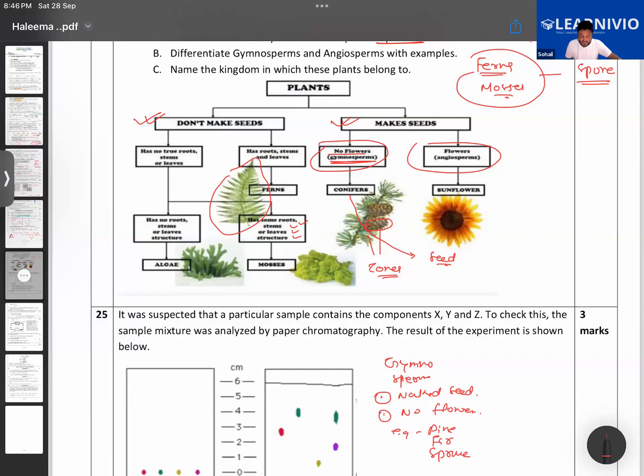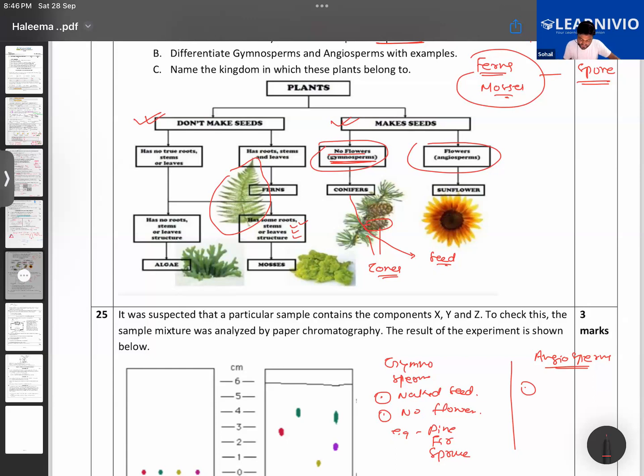Plus, when we talk about the angiosperms, the angiosperms are those plants that would be producing the seeds, but enclosed within a fruit. For example, the apple. Where is the seed of the apple? It's inside the apple, right? Or for example, some other plants like sunflower.